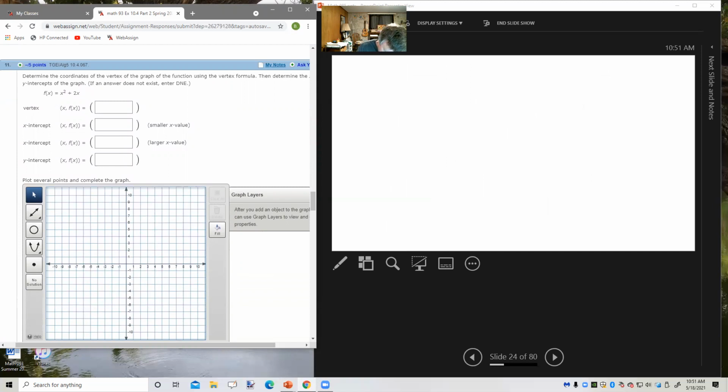So we have f of x equals x squared plus 2x. So in this case, a is 1, b is 2, and c is 0, right? Because there's no constant term out here, but it's as if it was plus 0.